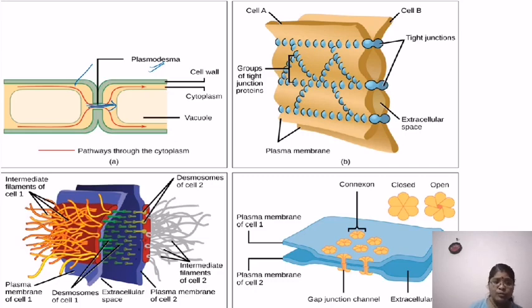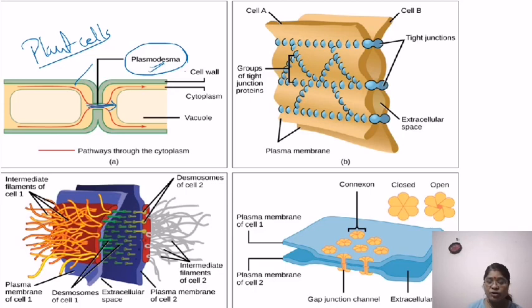Now this was about your plant cell. Remember, plant cells have the plasmodesmata connection, a cytoplasmic connection. And now coming back to the animal, this is a tight junction. They just seal the two membranes and nothing is able to move.